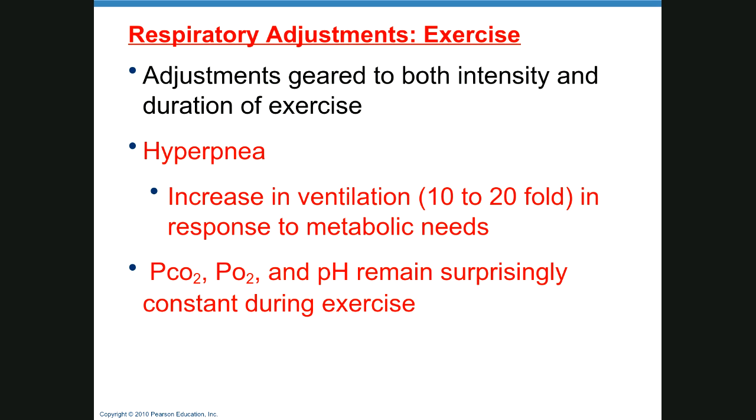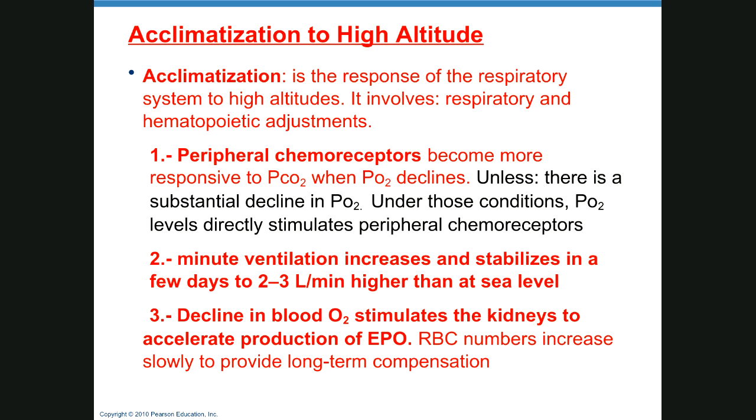Okay. Acclimatization to high altitudes is going to do several things. Peripheral chemoreceptors will become more responsive to CO2. If oxygen declines enough, they will also become responsive to oxygen. Minute ventilation is going to increase and will stabilize within a few days, so the minute ventilation becomes higher than at sea level.